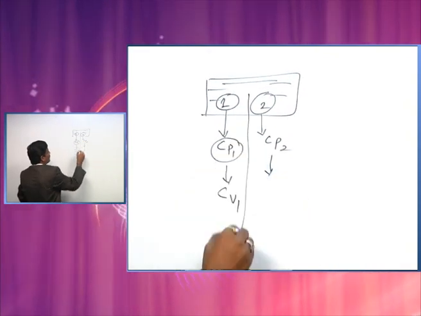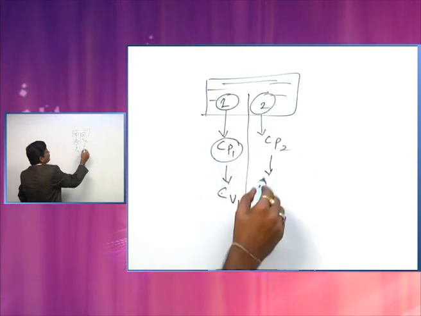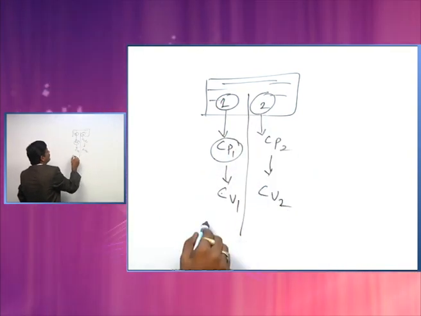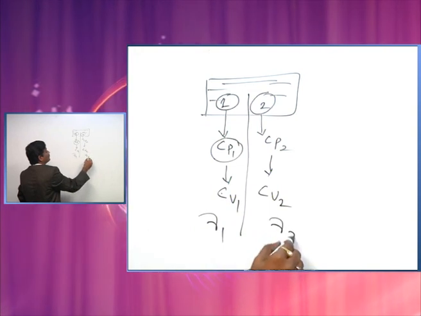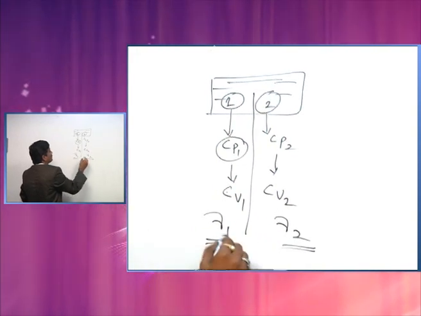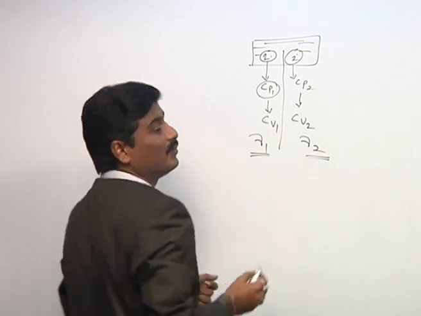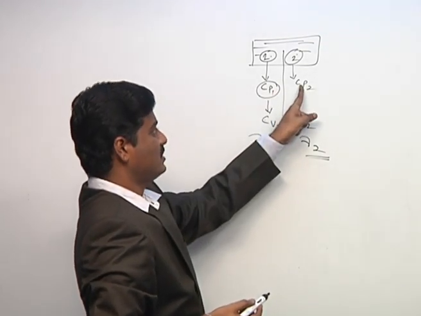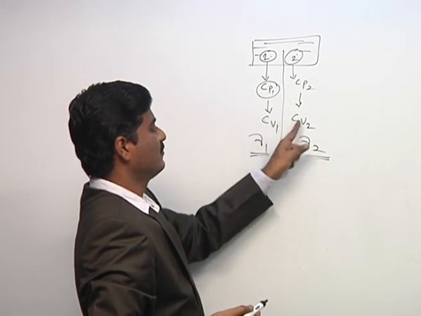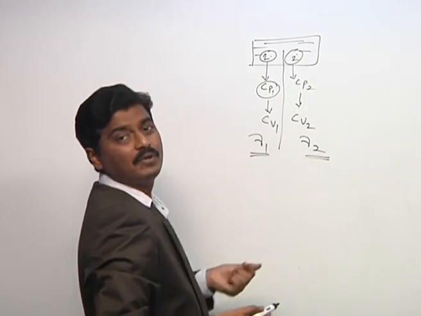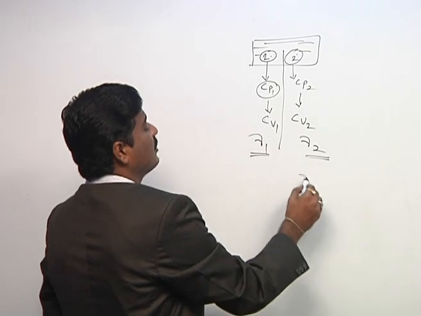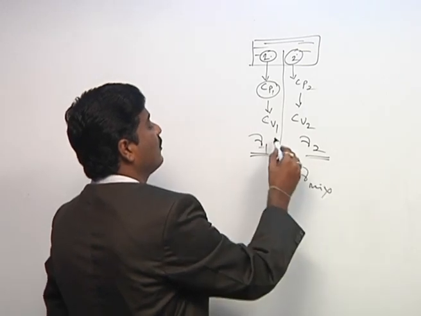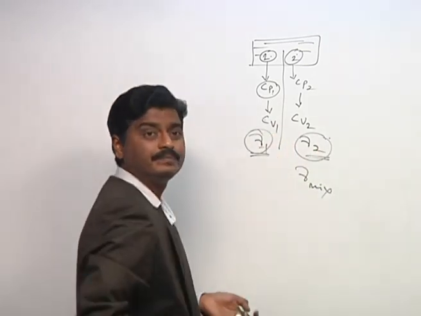For the same gas 1 it is Cv1, and for gas 2 the Cv value is Cv2, with gamma 1 and gamma 2. So tomorrow we will start how the two gases can be combined in one mixture. See, different constant pressure values, different molar specific volumes and different gamma 1 and gamma 2. How can we take the gamma of this mixture of R1, gamma 1 and gamma 2.